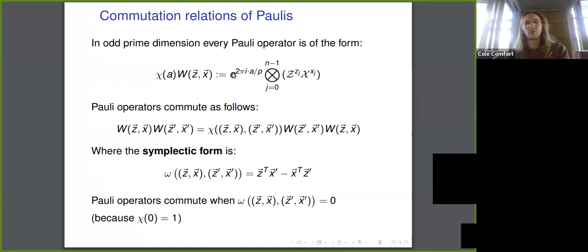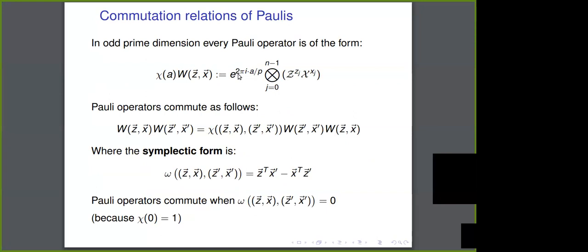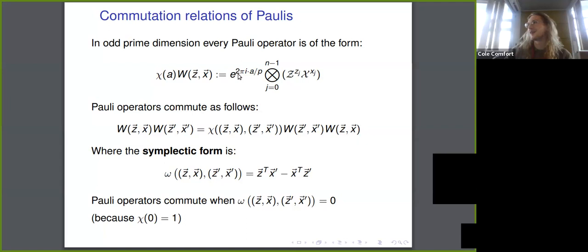Pauli operators don't have this form for p equal to 2, because e to the 2 pi i times a over 2 is -1, not i, which is what you need for qubits. Similar things arise in even dimensions. In odd but non-prime dimensions, things work, but it's just annoying, so I'll just ignore them. I think it all works in all odd dimensions, and the prime ones are just easier to work with, but the even ones have this problem with the phase at the beginning.